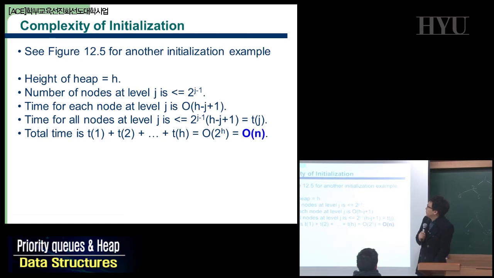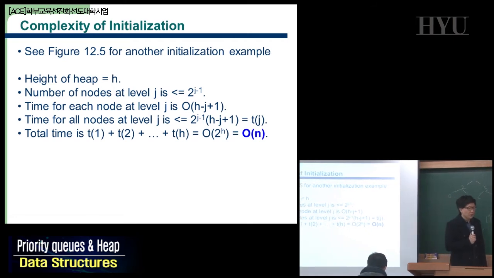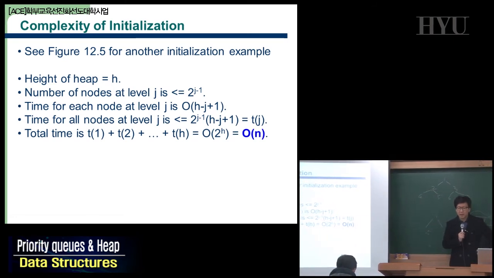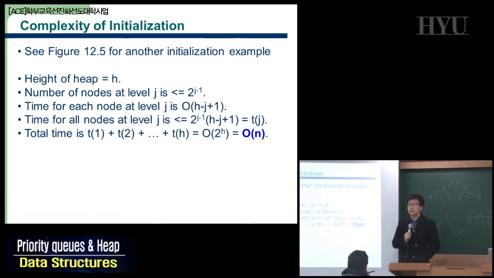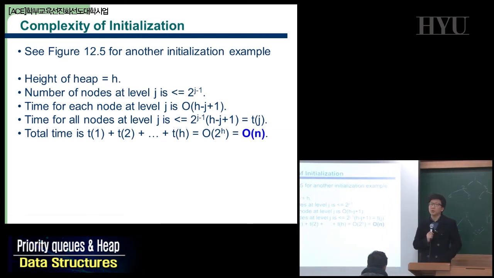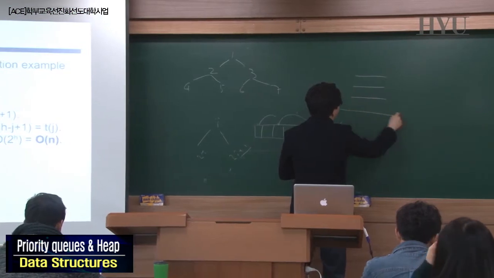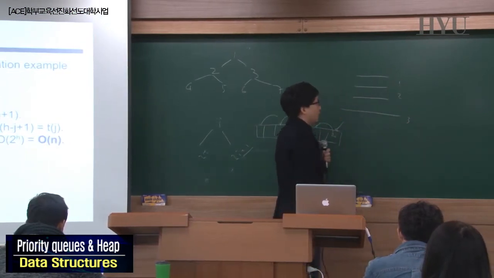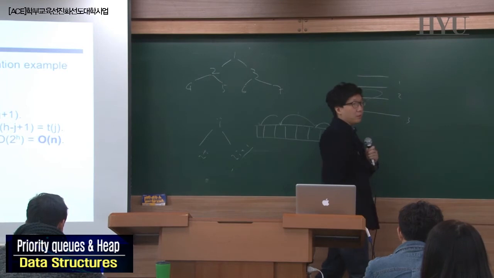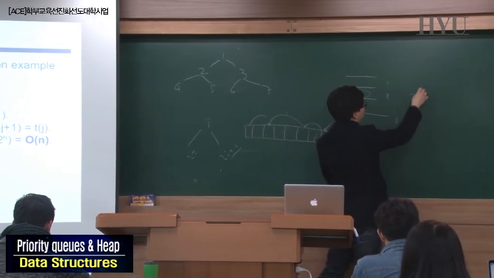See figure 12.5 for another initializing example. Please do try with your hands. The height of the heap is still h. The number of nodes at each level j is, looking at level 1, level 2, level 3, probably 2 to the j.